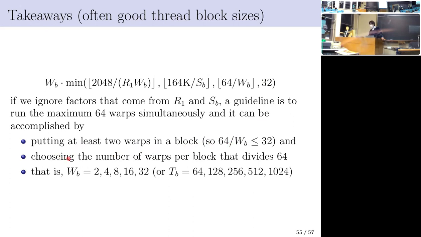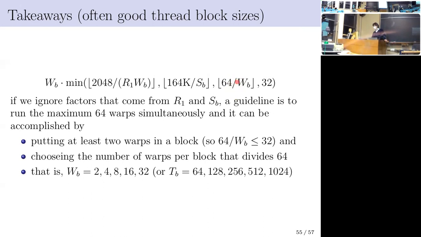The other thing, which is somewhat tricky, is that you want to choose the number of warps per block that divides 64, so that 64 divided by WB becomes an integer. For example, let's see what happens in an extreme case when WB is, let's say, 33.